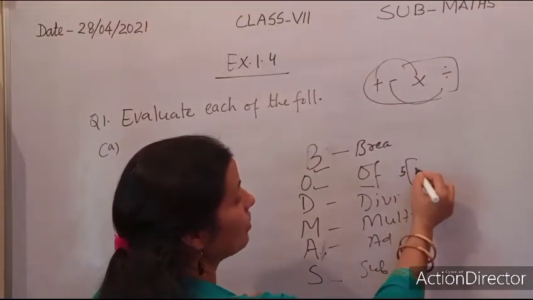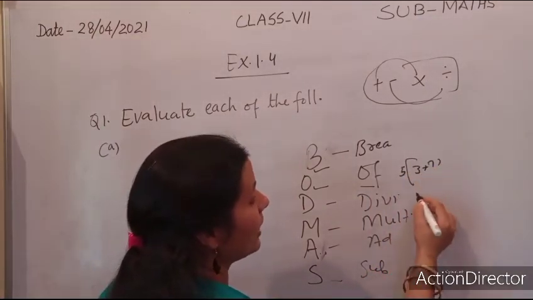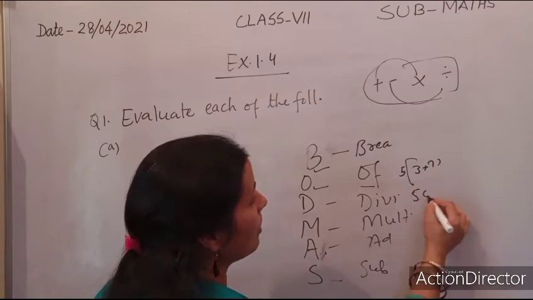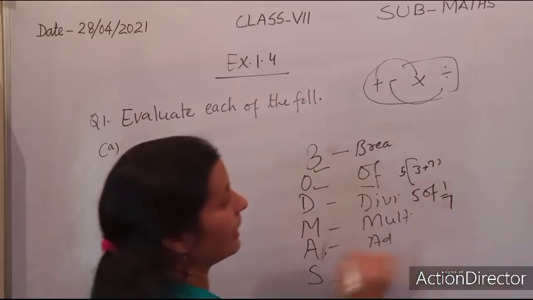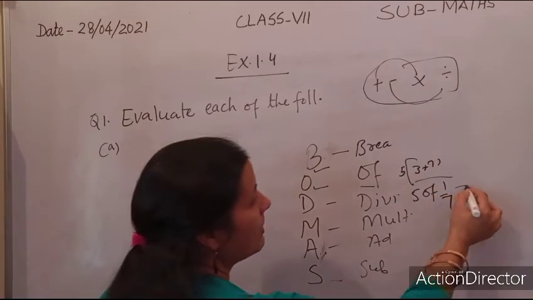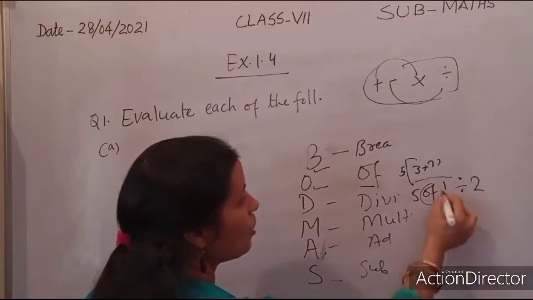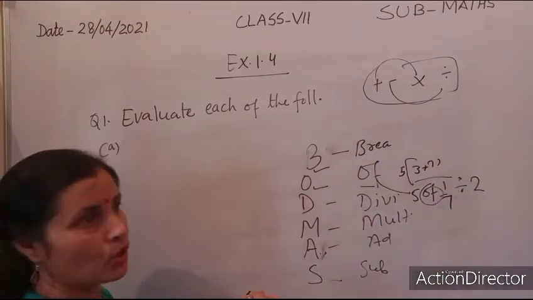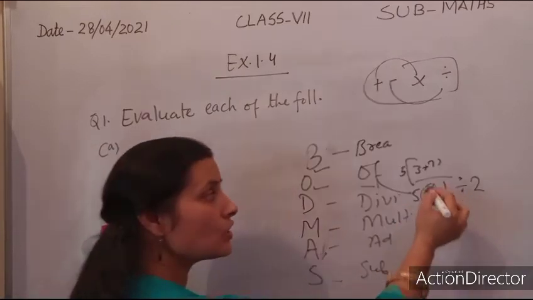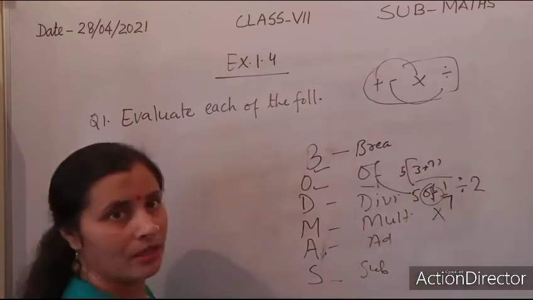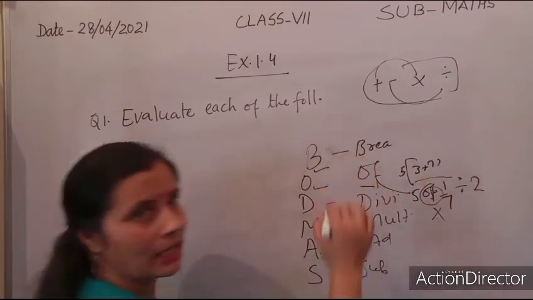Like this. Okay. 3 plus 7. Here is written 5 of 1 upon 7. If written in this form, this 'of' is representing multiplication. The meaning of this 'of' is also multiplication.